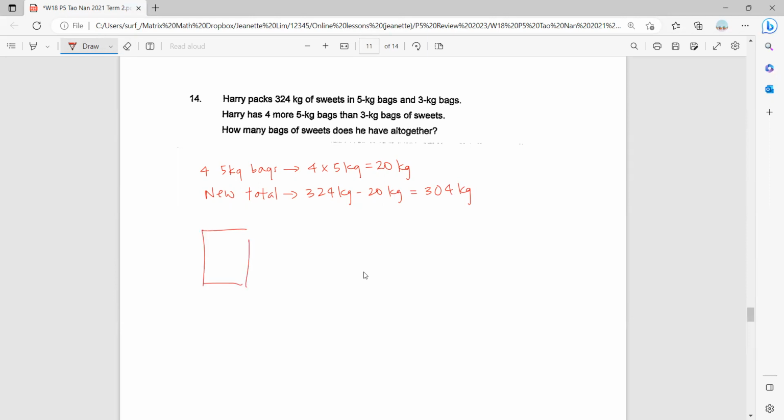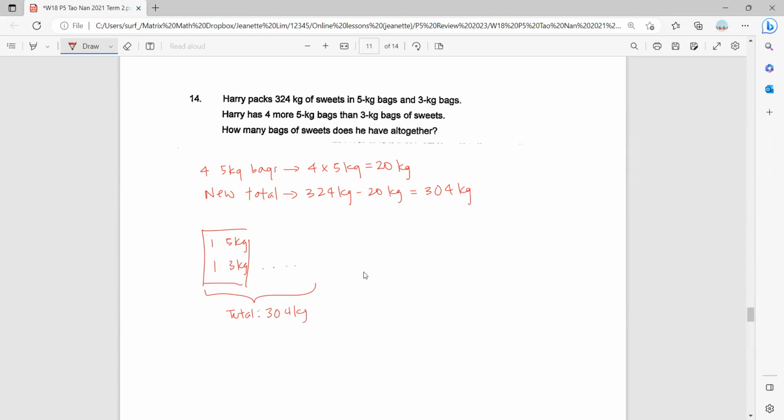So when I have equal number, do not take the mass and divide by 2. Equal number means equal quantity, not equal mass. So I have 1 of each, 1 of 5 kg and 1 of 3 kg bag of sweets. Okay, this is grouping. Here, the total mass I have is 304 kg.